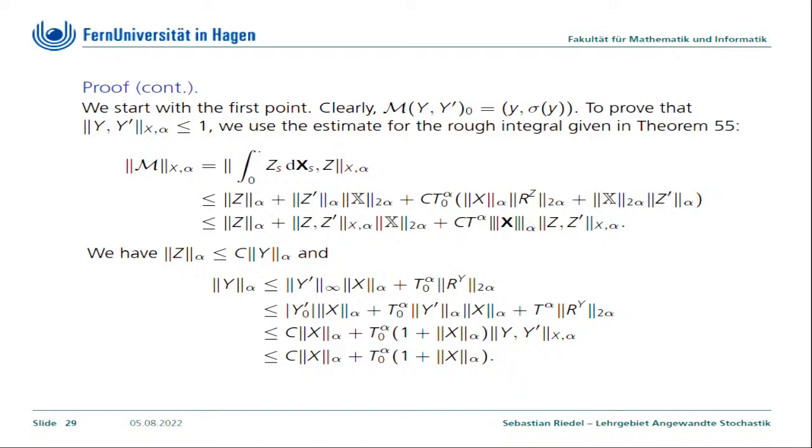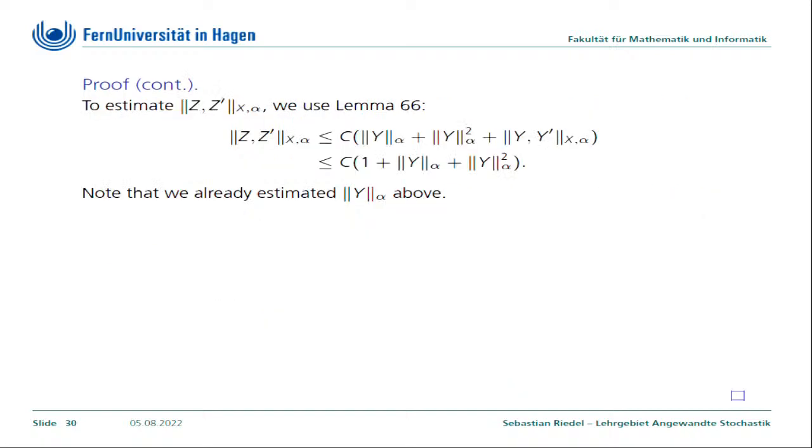And well, I think you can do that yourself. And then at some point here I use that this is bounded by 1. So what remains here is a bound that depends, as you can see here, on the T0 and on the Hölder norm of our path X. We want to make that small.